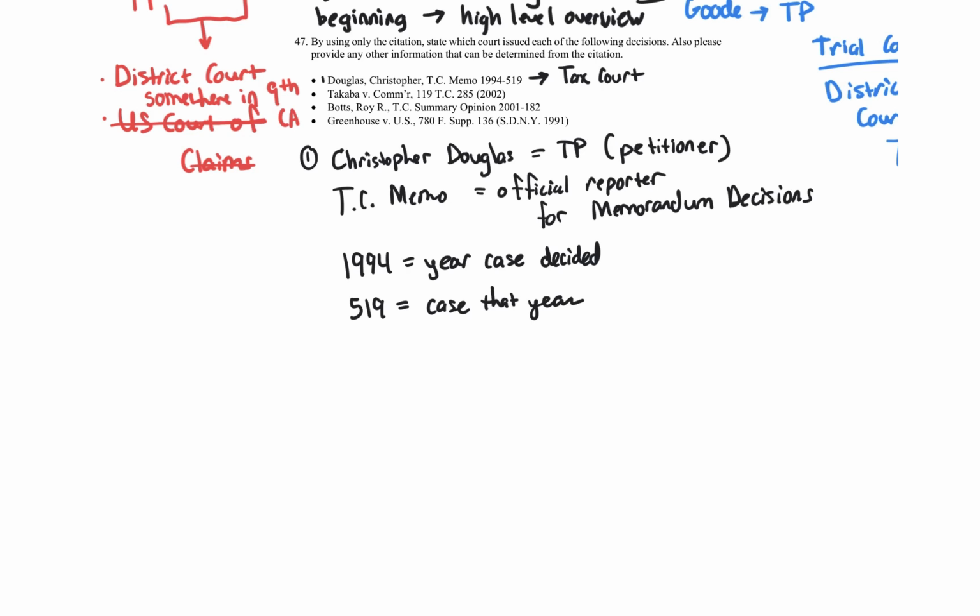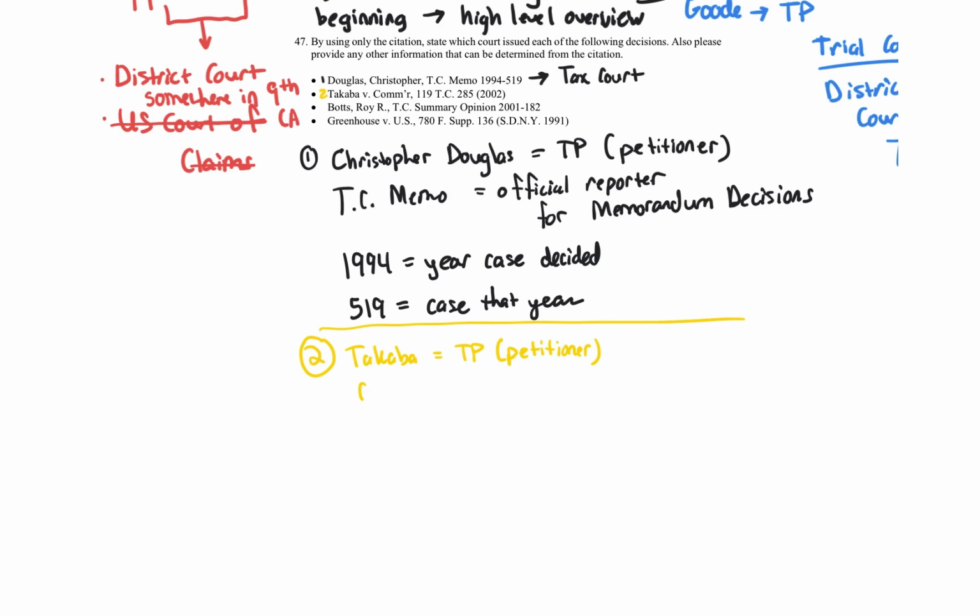Let's go on now. Let's do blue. Let's do yellow. So 2 is Takaba versus Commissioner, 119 TC 285, 2002. We know that Takaba is the taxpayer, so TP for taxpayer. And again, the taxpayer is always the petitioner.